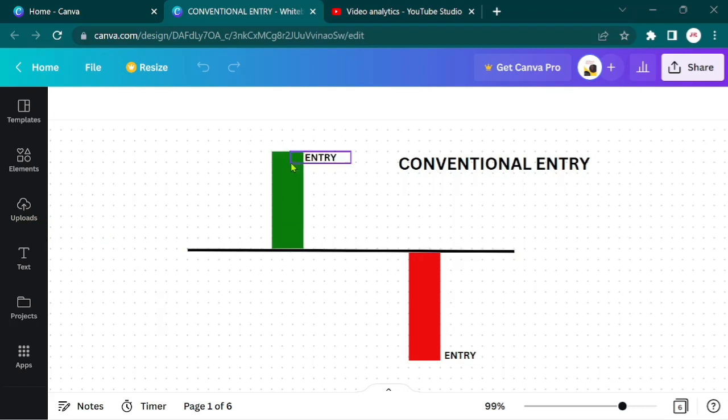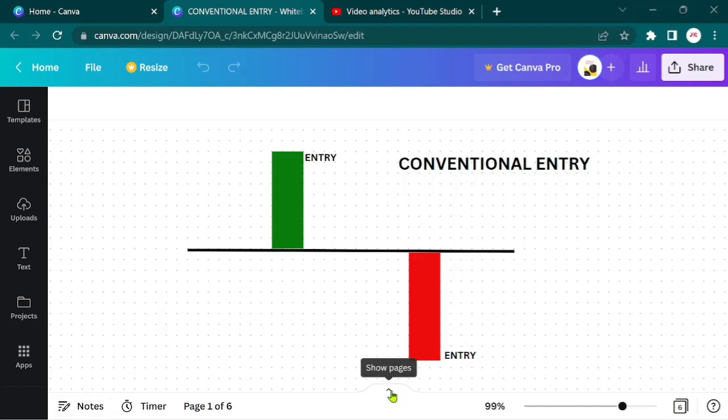Only after the candle is closing, at this point, a trader will enter, and he is known as the conventional trader. If he is going for a short position, at this area there will be a consolidation. After that, it will give a breakout, and after the breakout there will be a long candle, and after the candle is closing, he will take entry on the short side, the conventional entry.